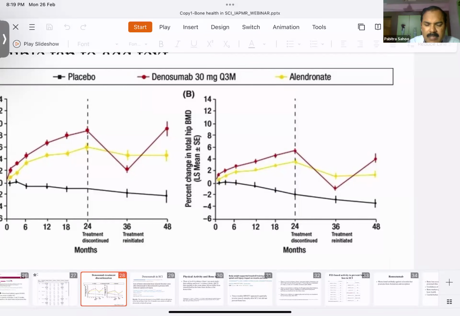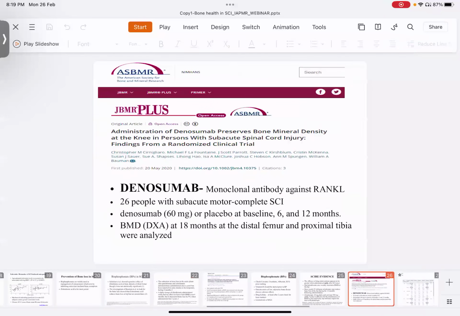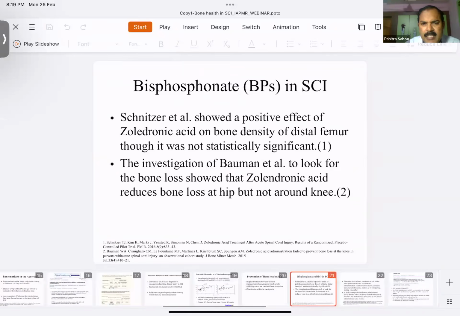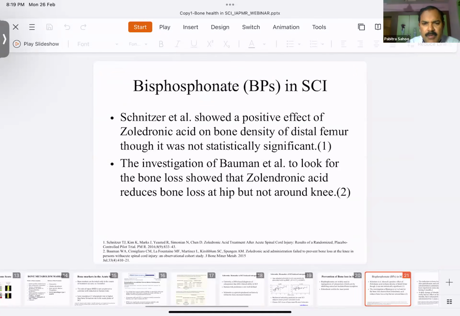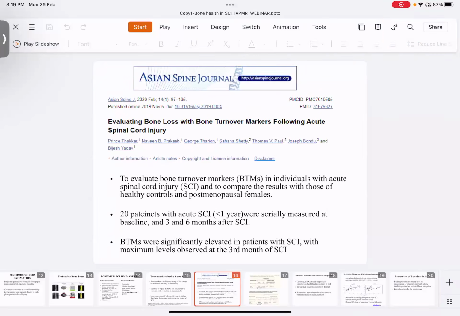Can you repeat what that test is, the serum marker? Yes, CTX or C-terminal telopeptide. Okay. Is there any drug which will be useful for pediatric spinal cord injury patients with osteoporosis?